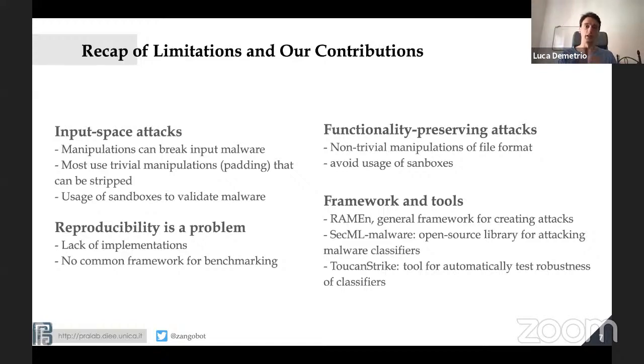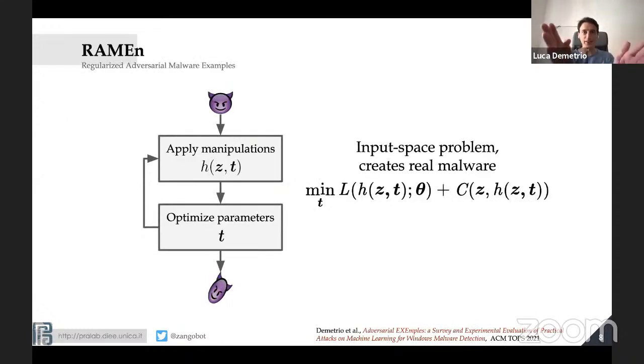You can use it for testing the robustness of your malware classifier. On top of it, we also create a command line tool called ToucanStrike, where you can type commands and create adversarial malware directly on your shell. So let's dive into this general framework called RAMEN and how it works.